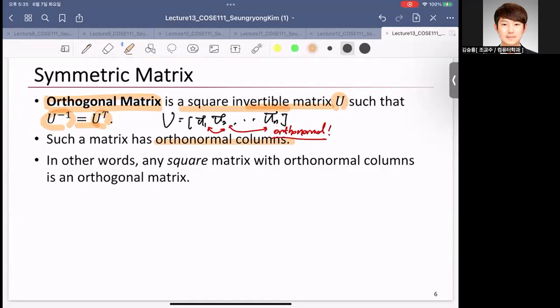In other words, any square matrix with orthonormal columns is called an orthogonal matrix. This is just the definition. Remember orthonormal columns: each column has length 1 and the columns are orthogonal to each other.